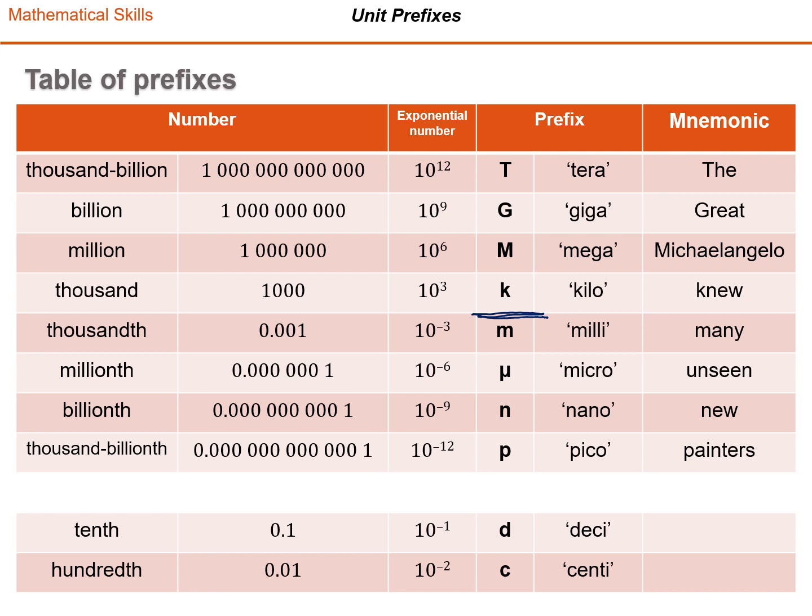So for instance, if you have 1,000 meters, we know we have a kilometer, km. What we're doing there is multiplying by 10 to the power of 3. If we have 1,000,000 watts of power, we can talk about that as a megawatt. And we've gone up a step there of 1,000.